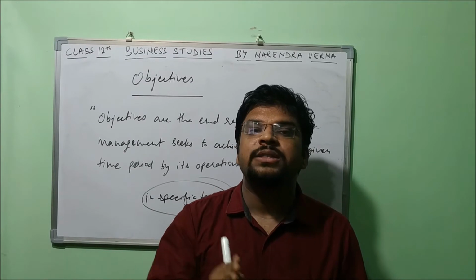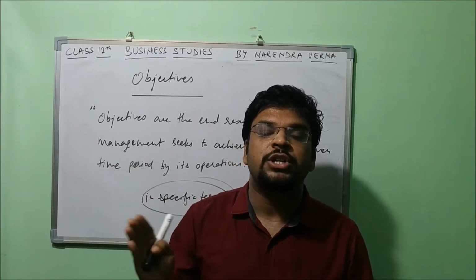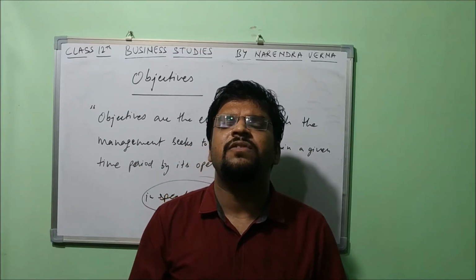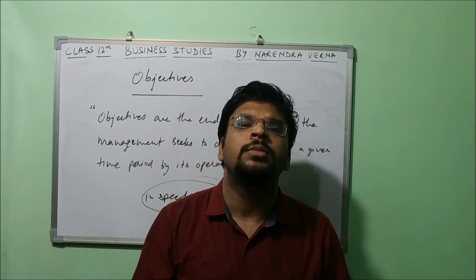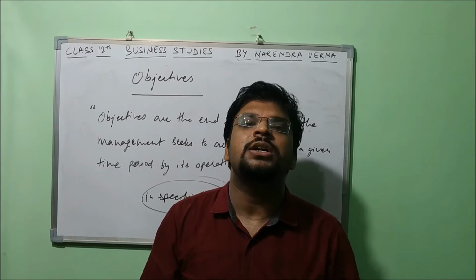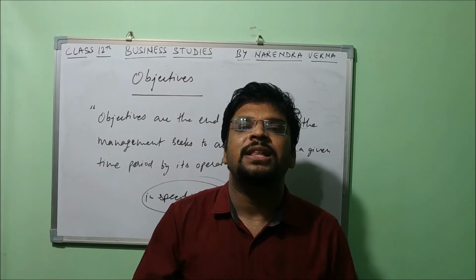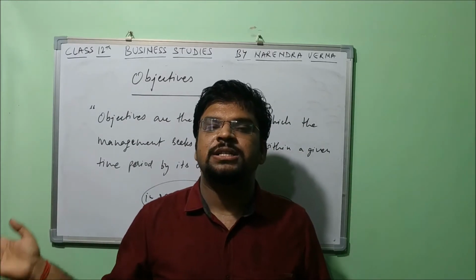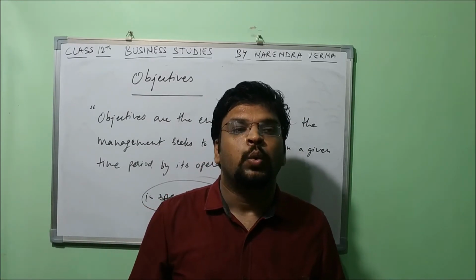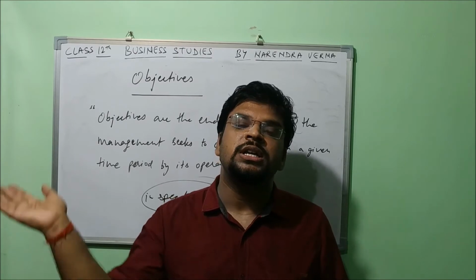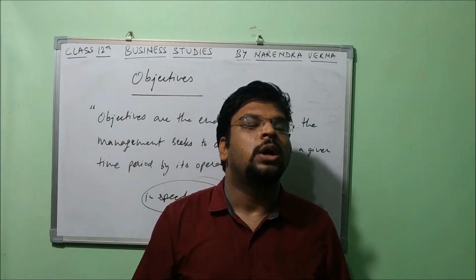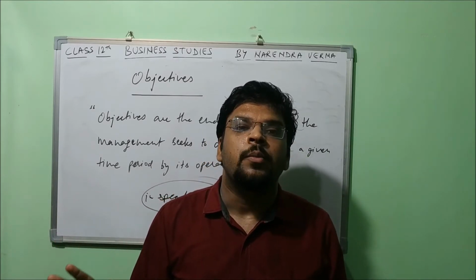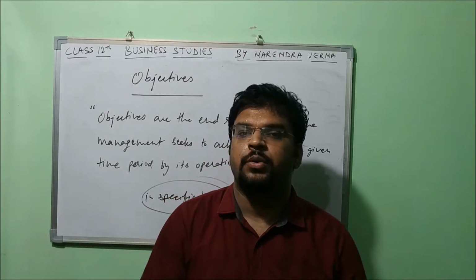One more thing, why do these need to be measurable in quantitative terms? Because if we do not set our objectives in quantitative form, then it is very difficult to determine whether we achieved those objectives or not. For example, one organization sets its objective that we want to increase our sale, that we will be making a good sale this time, right?